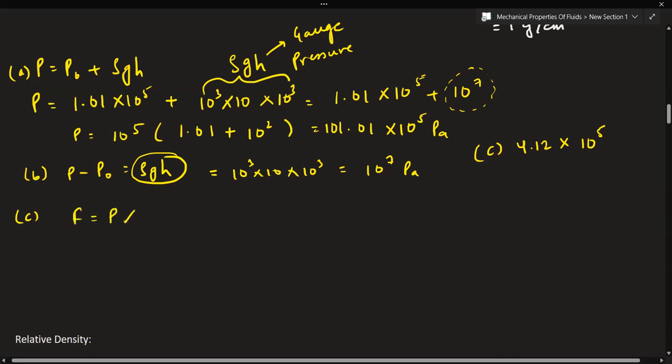So force would be pressure multiplied by area, and pressure is this rho gh. Yes, ma'am. So rho gh into A. You've done it in this way. So what is your area? How much area are you taking?